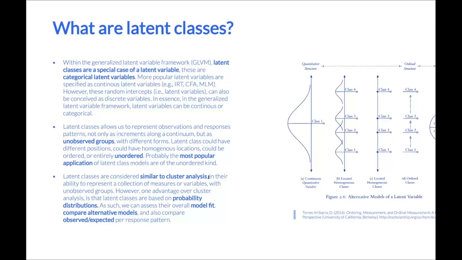This is not something that is easily resolved in the case, for example, of k-means distance in cluster analysis, in which it's pretty difficult to compare different solutions. Whereas in latent class analysis, you have access, for example, to the log likelihood of the model and different other fit indicators, so you can compare two different choices by adding more parameters or leaving out different parameters.